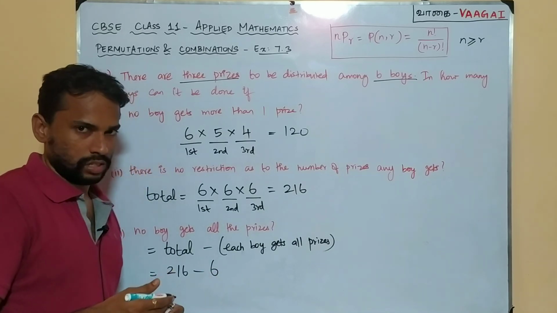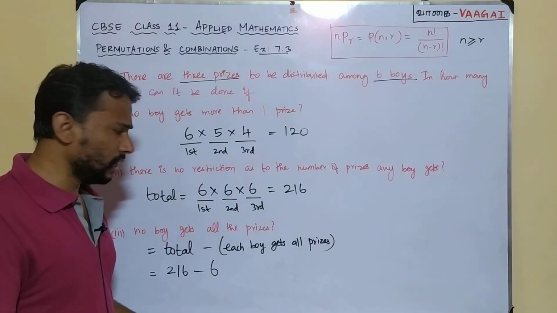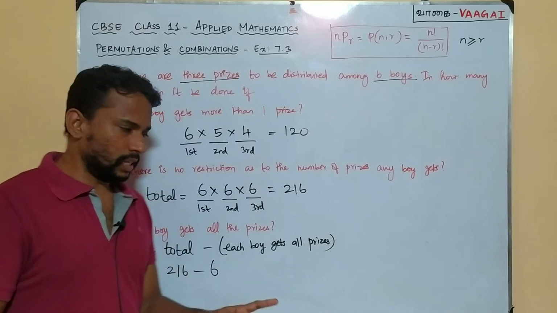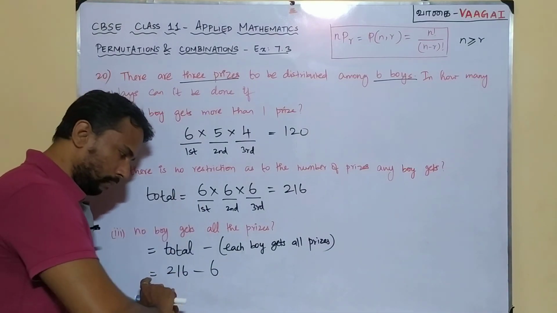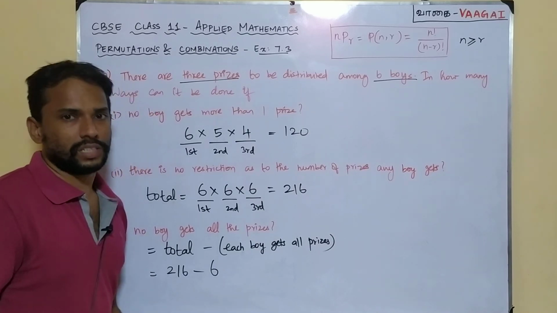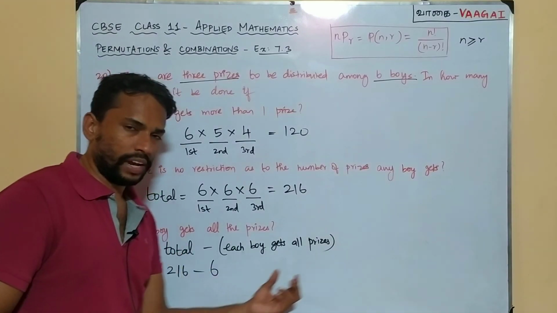I hope you can understand this. Is the point clear? Each boy getting all the prizes is what we don't want. That is the reason we take the total number of ways and subtract these 6 ways. I hope you also understood why it is 6.